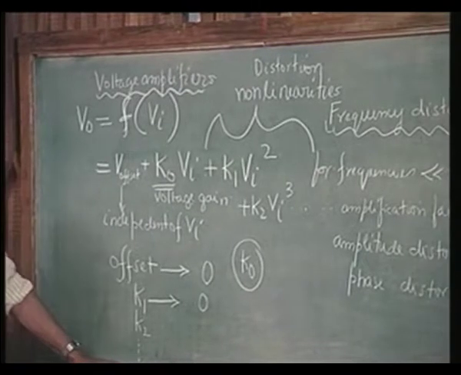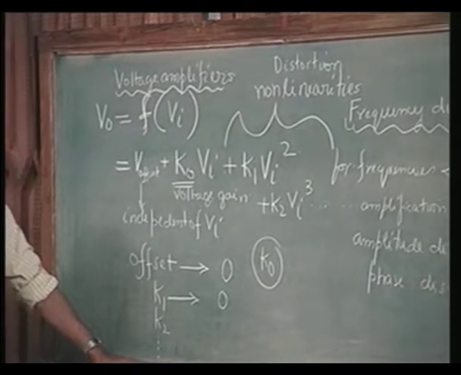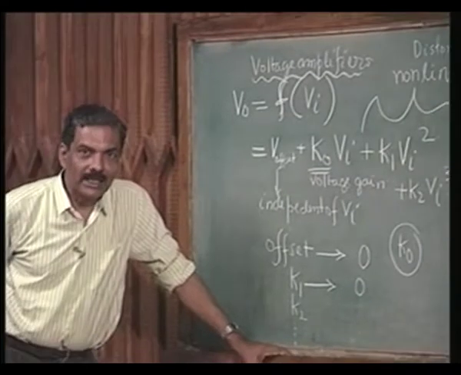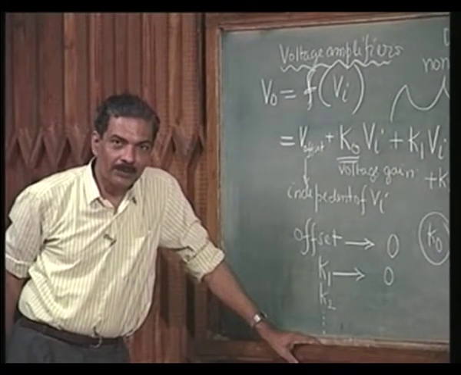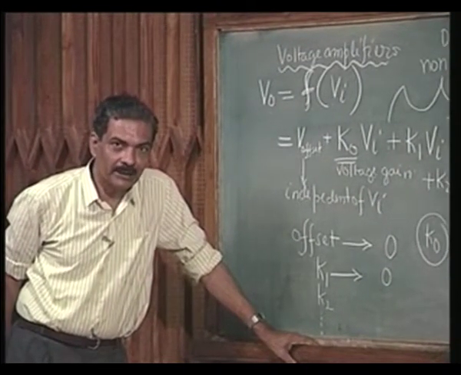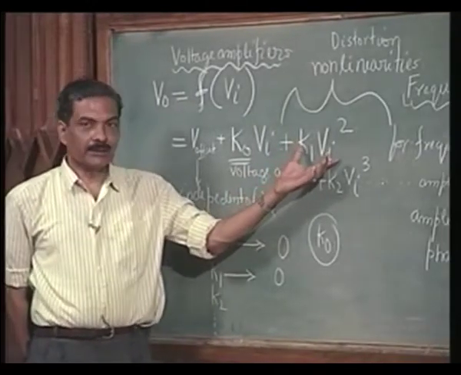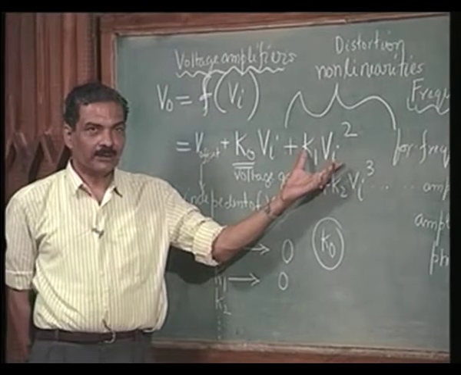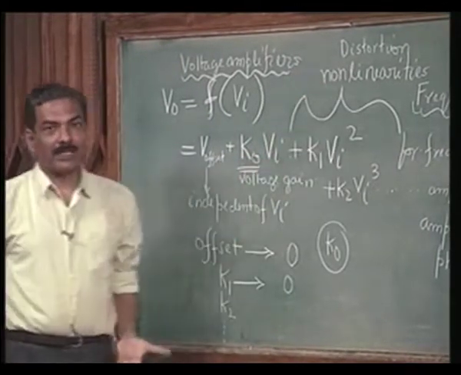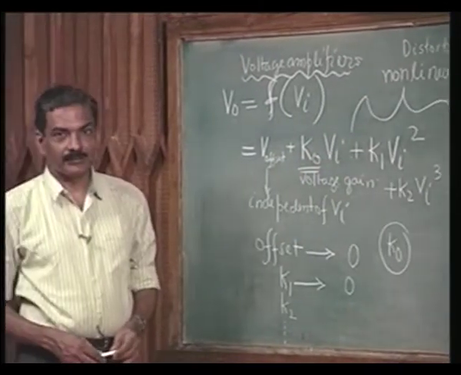This has nothing to do with frequency. This has only to do with the amplitude of the input signal. So, this distortion depends upon where exactly we are operating the amplifier.